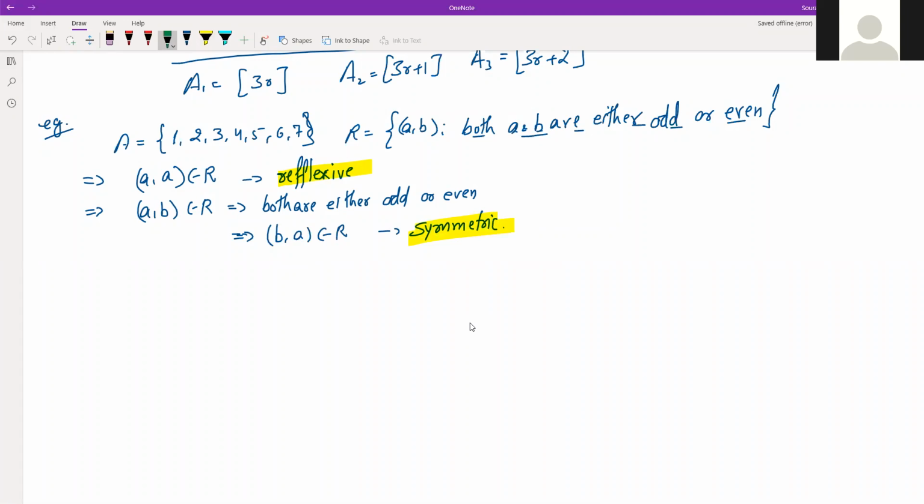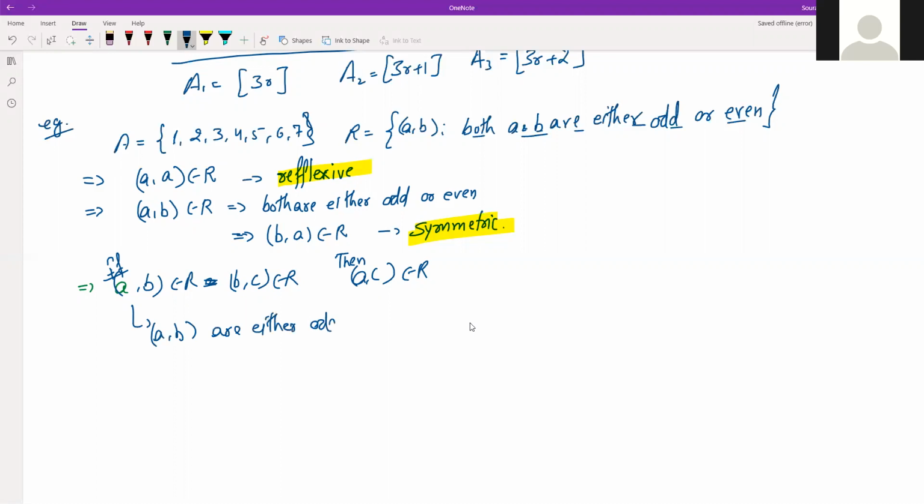What is next? Next we have to prove that if (a, b) belongs to R and (b, c) also belongs to R, then (a, c) will also belong to R. It's very clear from the first one that both a and b are either odd or even.